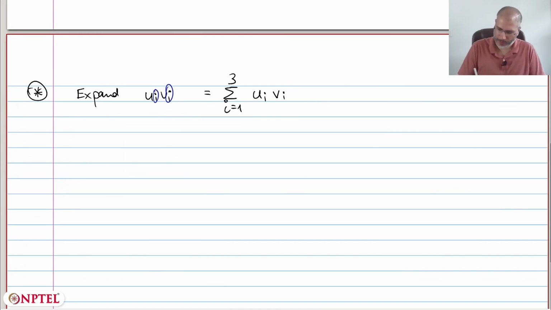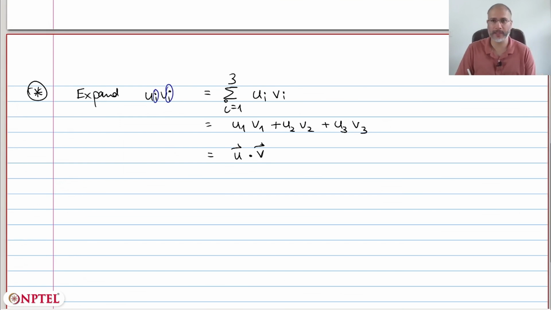This expands to u1 v1 plus u2 v2 plus u3 v3. As you may already have guessed, this is nothing but the dot product of the two vectors u and v. u and v are vectors because u has one index and v has one index.